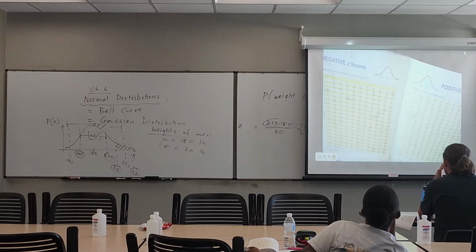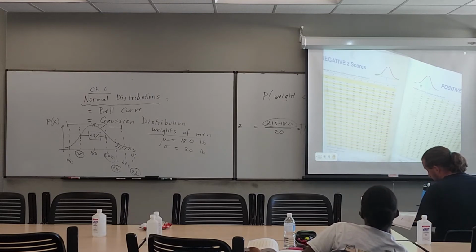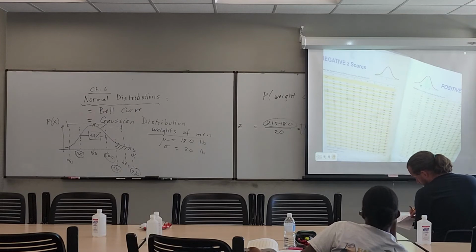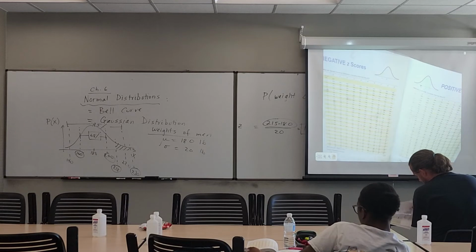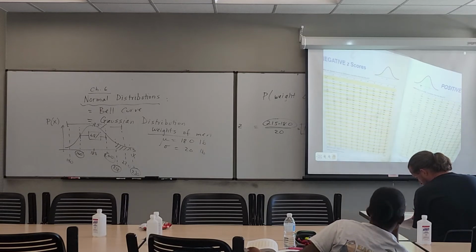Yeah, very good. So remember, if you have a certain data point, like in our case we had a data point of 215, any z-score calculates the number of standard deviations you are away from the mean, but it's also a signed distance. So if our data point is to the right of the mean, then we're going to have a positive z-score.